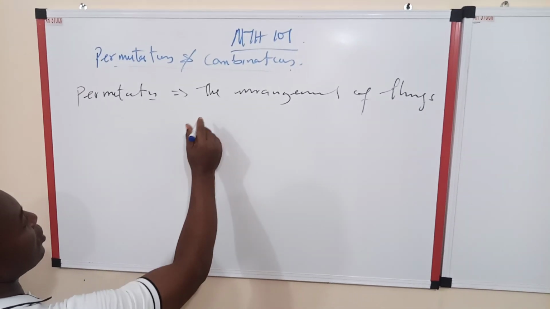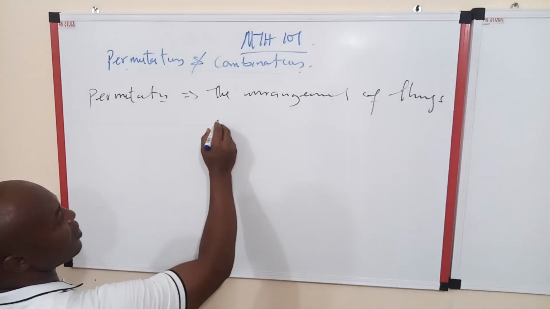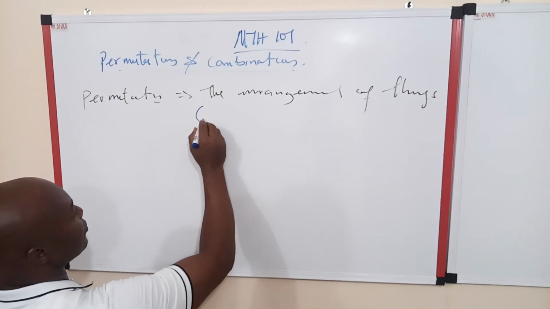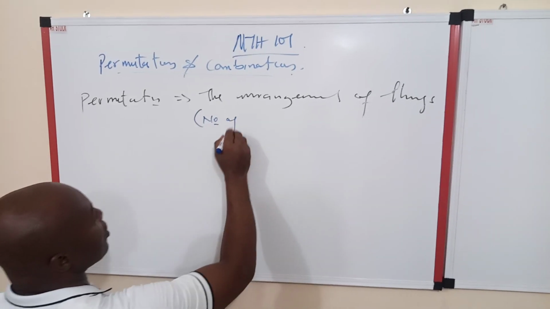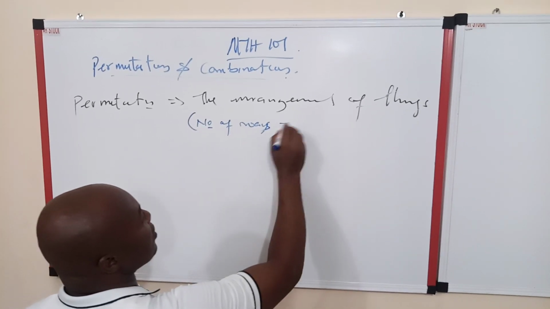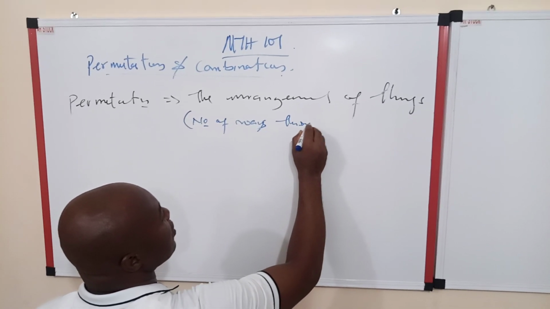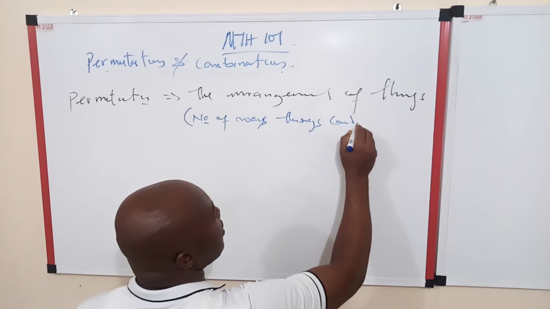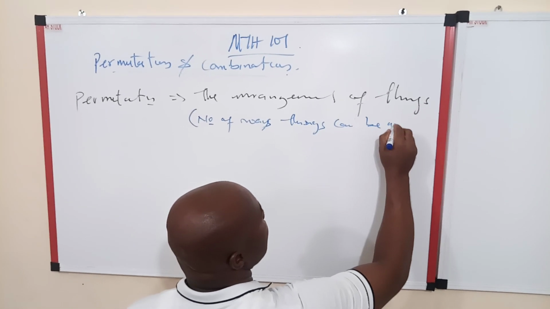That is, permutation is the number of ways things can be arranged.